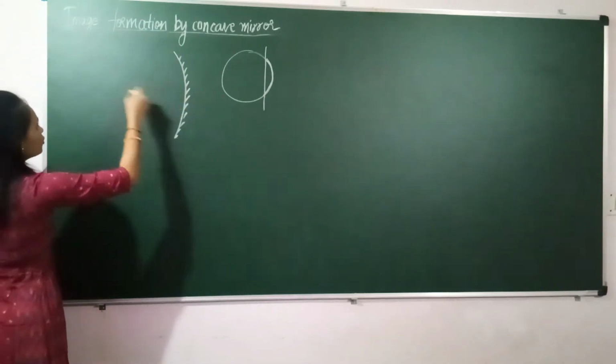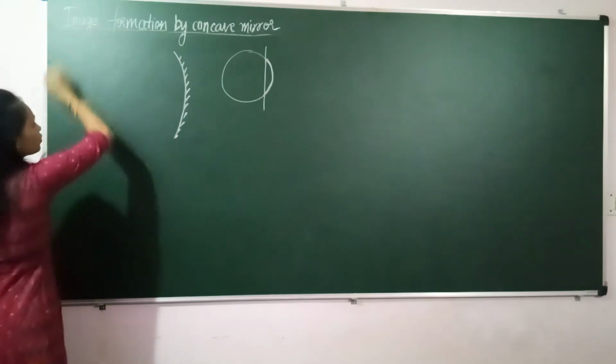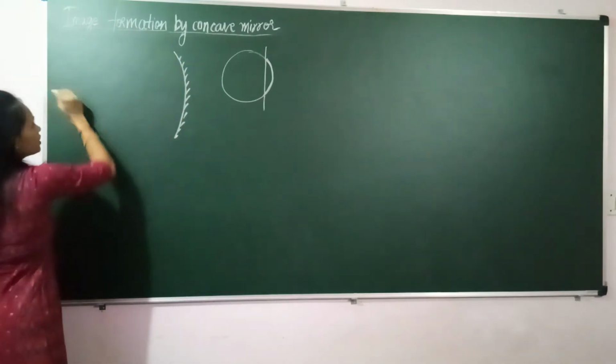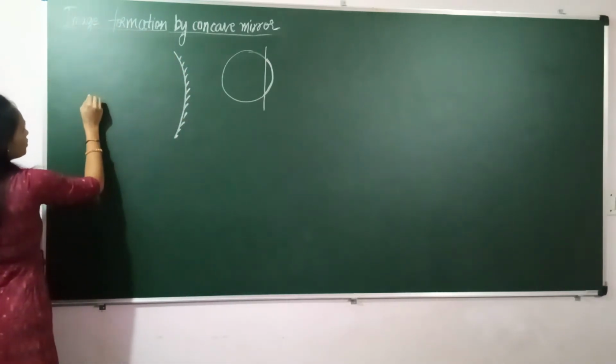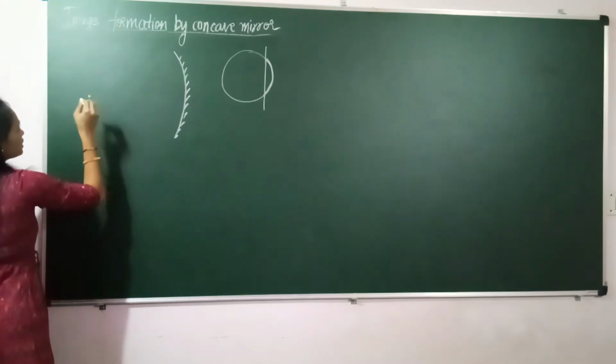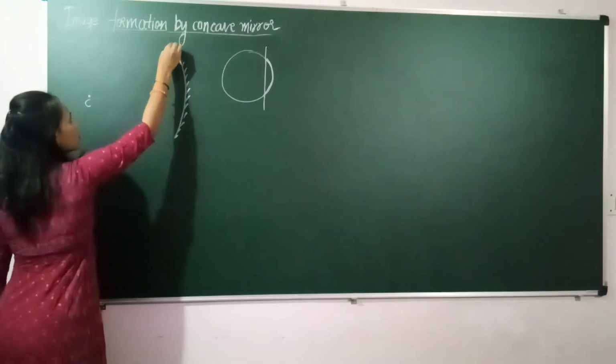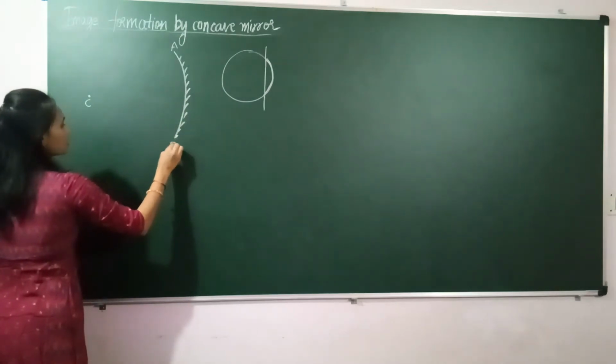In this concave mirror, consider this is one big sphere. Of this big sphere, this is the center of curvature and we will represent it as C. Next, this one we will represent as AB. This is the aperture.